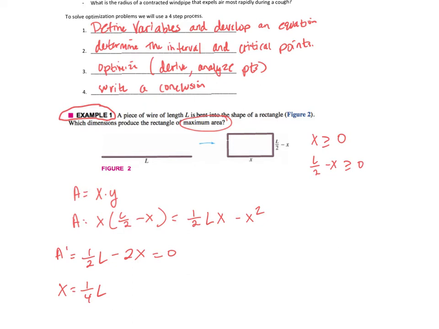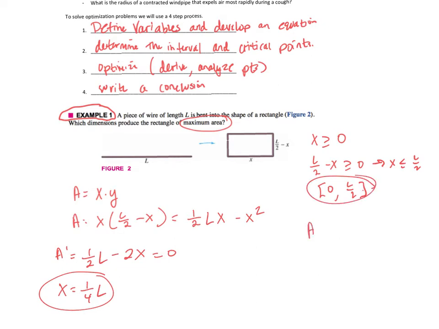Based on that, if I manipulate this, my interval goes from 0 in terms of x to 1/2 L, right? Because x then becomes less than or equal to L over 2. Okay. So we have 1/4 L, we have 0, and we have L over 2 to analyze.